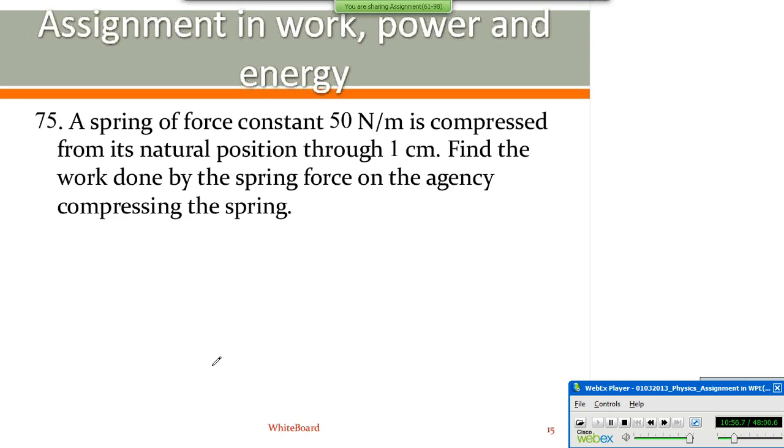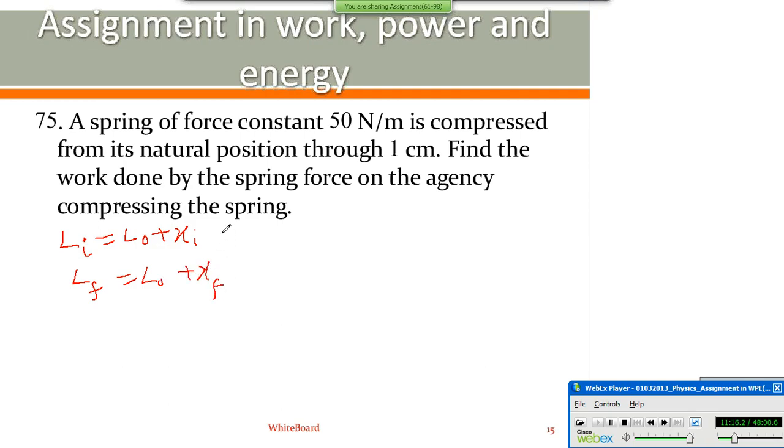Find the work done by the spring force on the agency compressing the spring. If L0 is the natural length, the initial length we write as L0 plus xi. The final length we write as L0 plus xf.